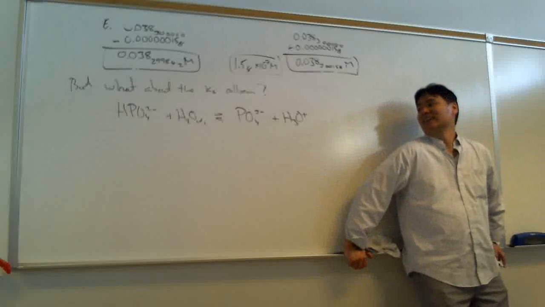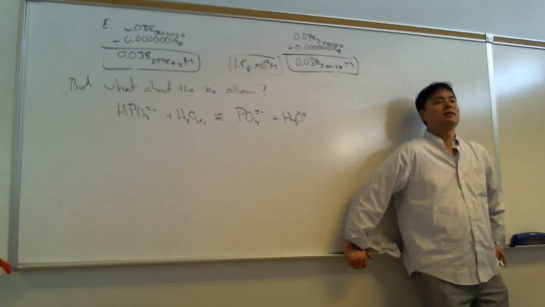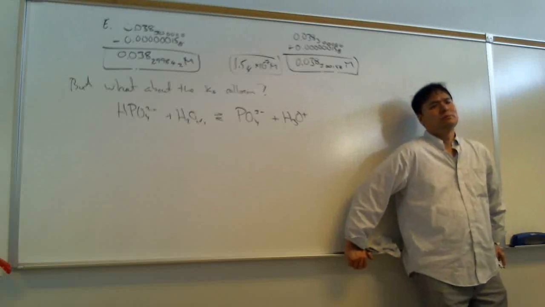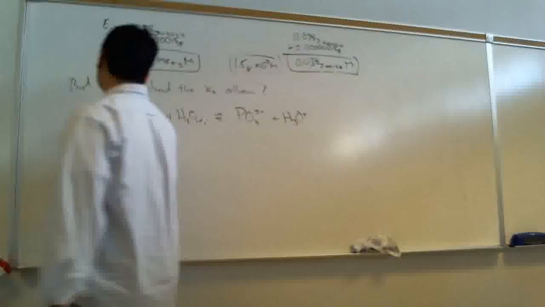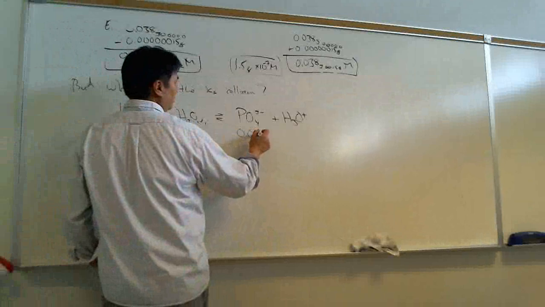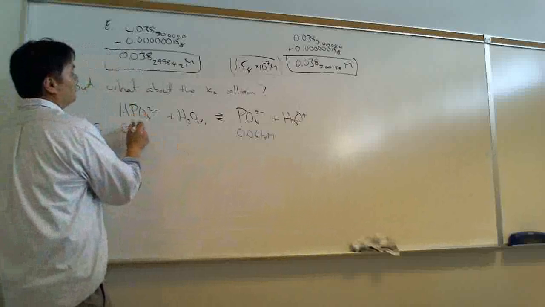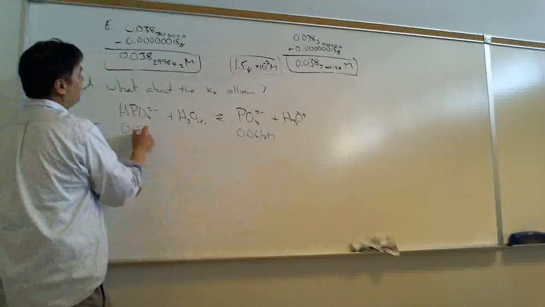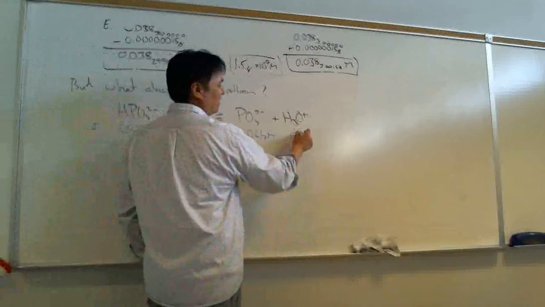Okay, so you're saying the Ka is really small, and there's a lot of phosphate. There's a lot of monohydrogen phosphate? No, just phosphate. Oh, a lot of phosphate. So you're saying the same thing, the predator and the prey. There is a lot of phosphate. You're right. Because when we look at it, the initial phosphate was 0.0617 molar, and the monohydrogen phosphate would be 0.038 molar, and the hydronium would be 0 molar.